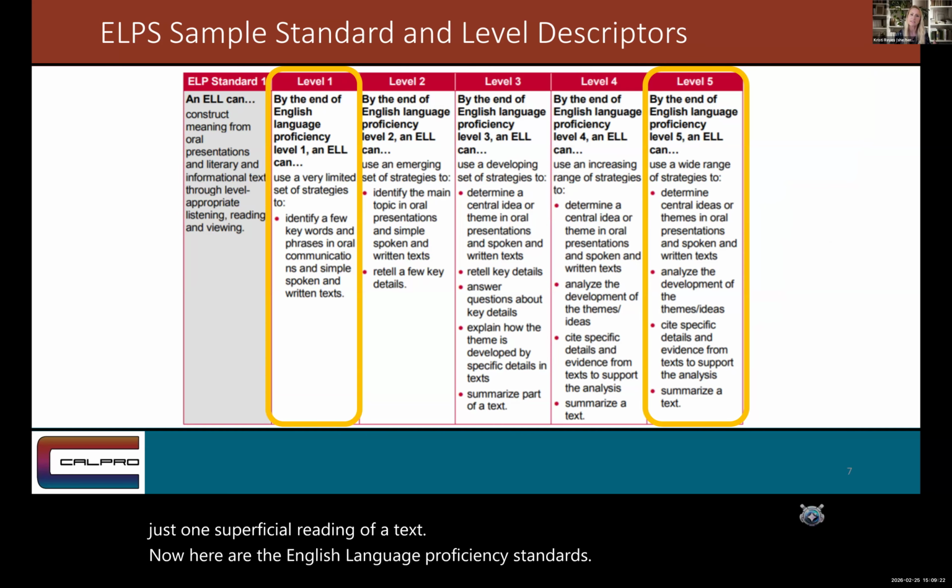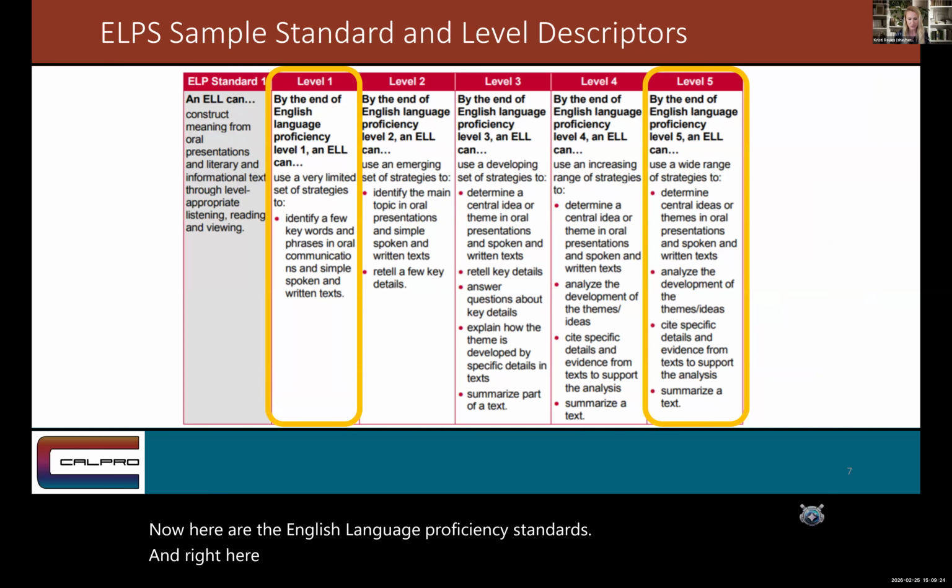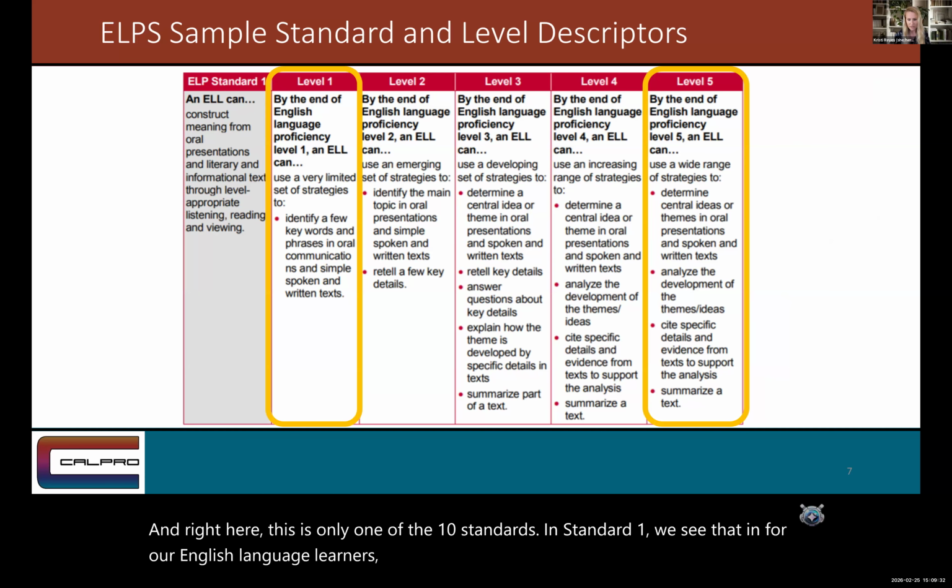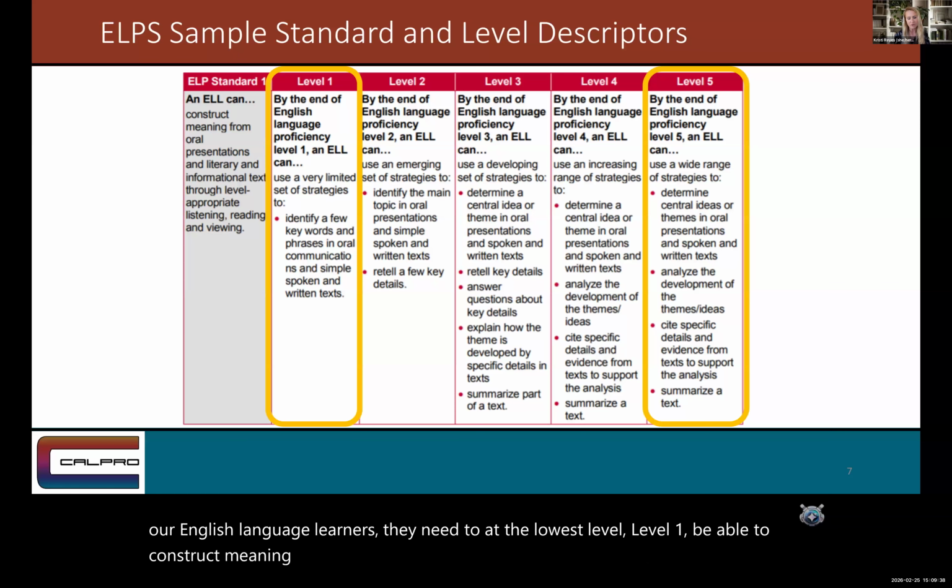And right here, this is only one of the 10 standards. In Standard 1, we see that for our English language learners, they need to, at the lowest level, level 1, be able to construct meaning from oral presentations and literary and informational text through level appropriate listening, reading, and viewing.